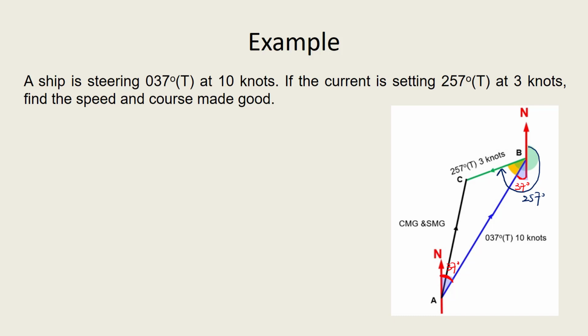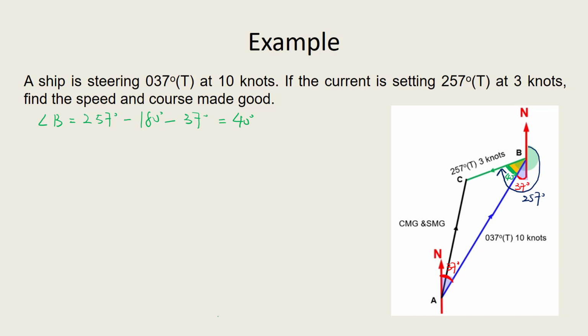So it will be easy for you to determine this angle B first. Clearly, this angle B is equal to 257 degrees minus 180 minus 37. So this will be 40 degrees. This angle here, 40 degrees.